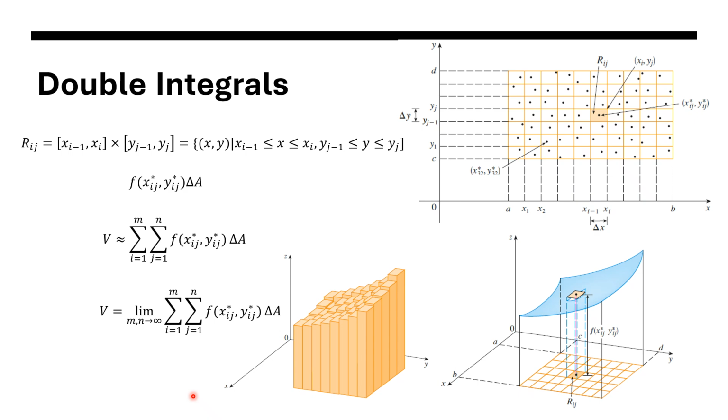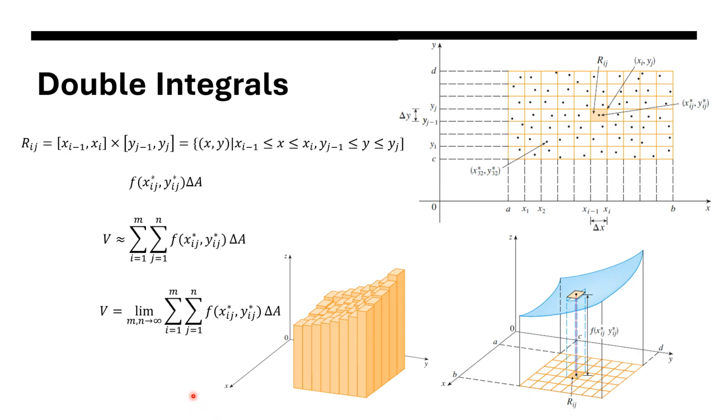The volume is equal to the limit of the summation of f of x sub ij star, y sub ij star times delta A, from 1 to m and from 1 to n, taking that m and n approach infinity.